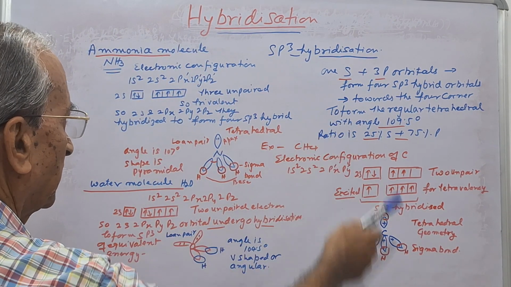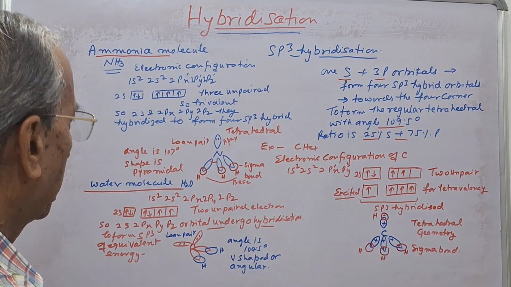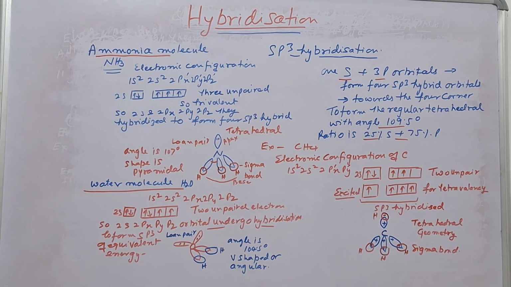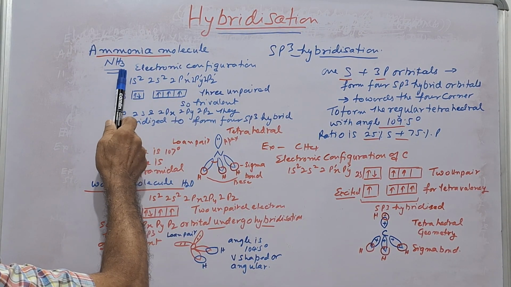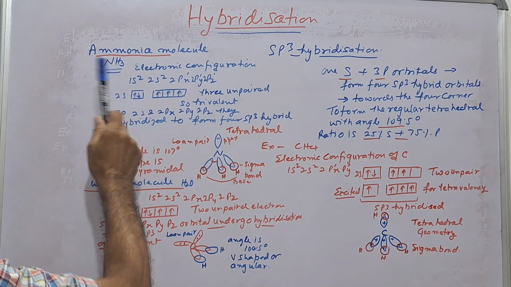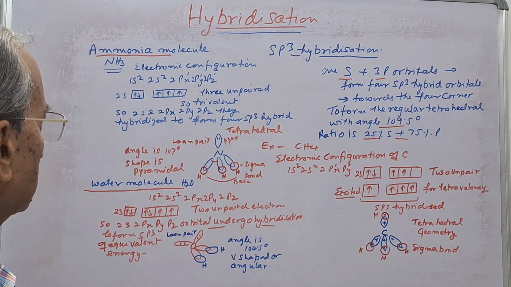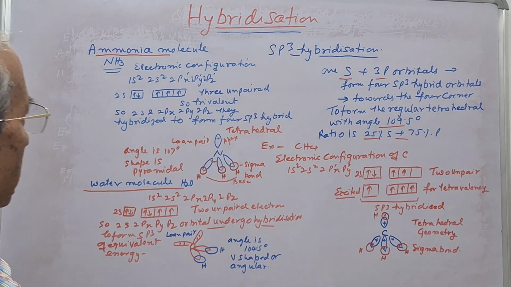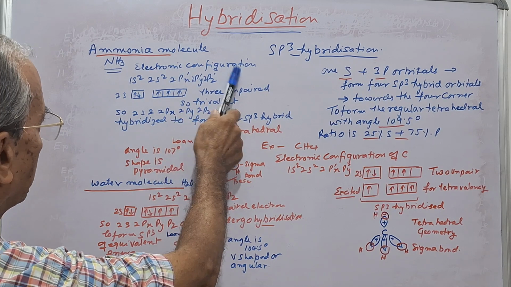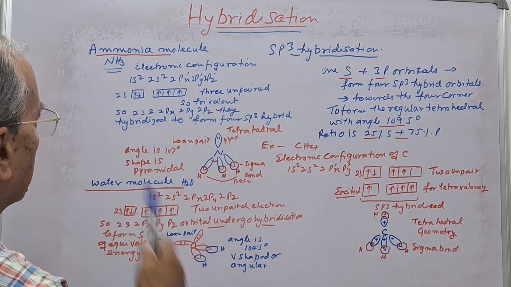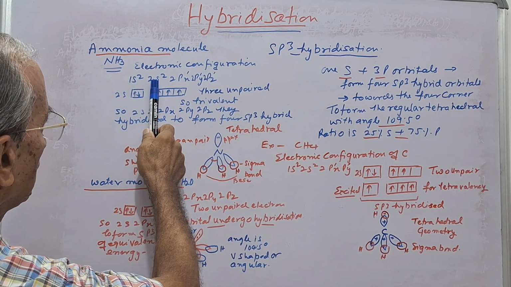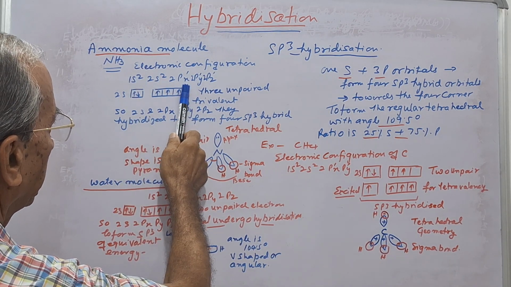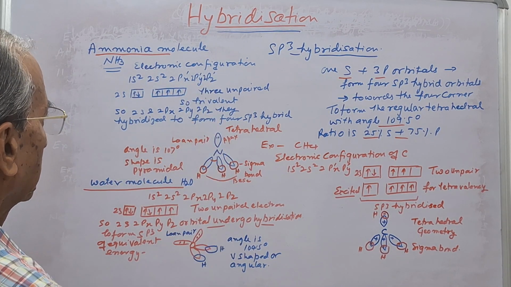Now this sp3 hybridization can be explained by taking more examples. For example, in the case of the ammonia molecule, that is NH3, if we see the electronic configuration of the central atom nitrogen, that is 1s2, 2s2, 2px, 2py, and 2pz.